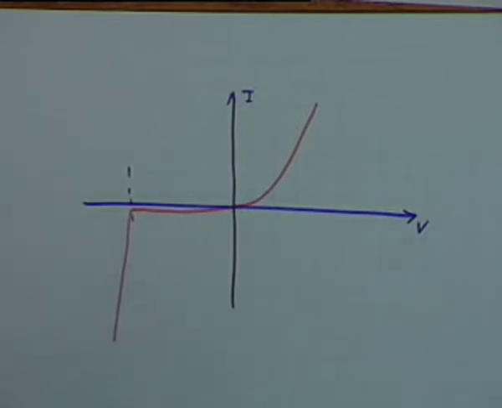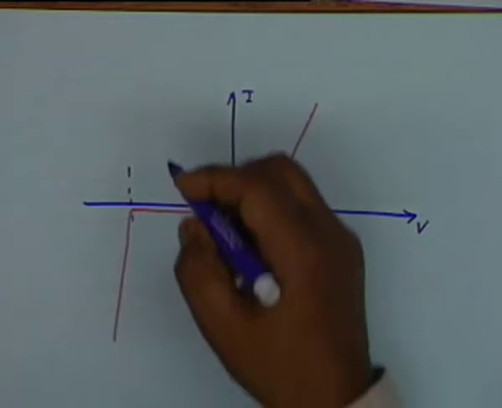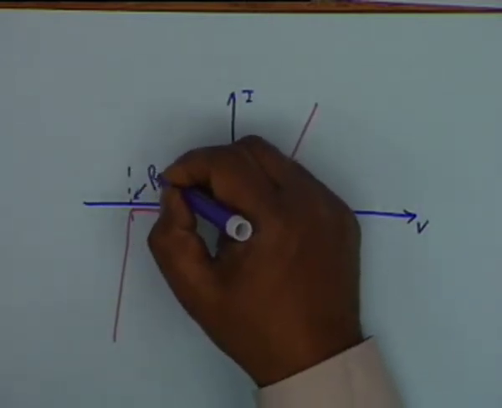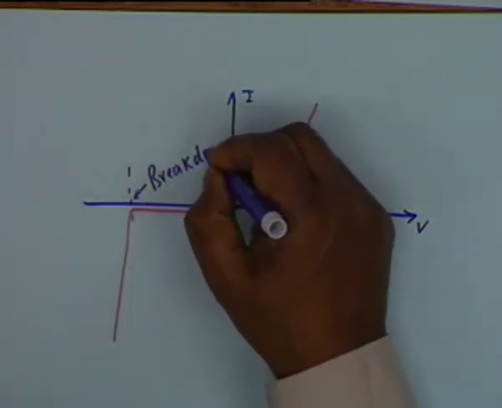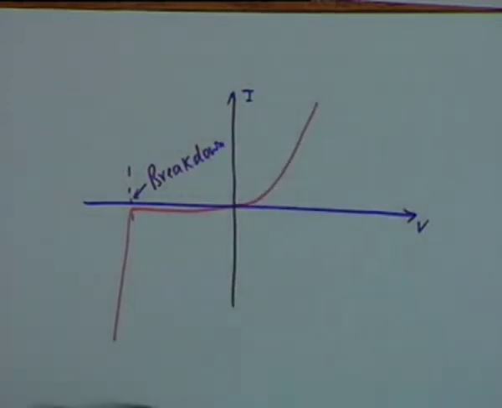A very small increase in reverse voltage causes a very large increase in current, and this is called the onset of breakdown. That is, it is as if the diode cannot resist any further, it breaks down.